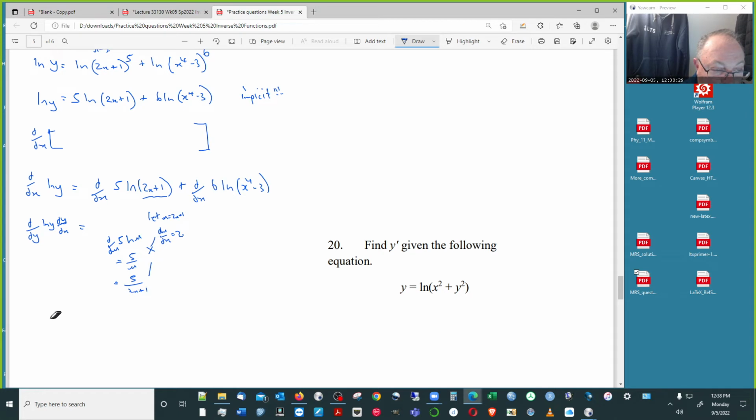So we end up with, now the d dy of ln of y is 1 over y, and 10 over 2x plus 1. And the other term, m equal.